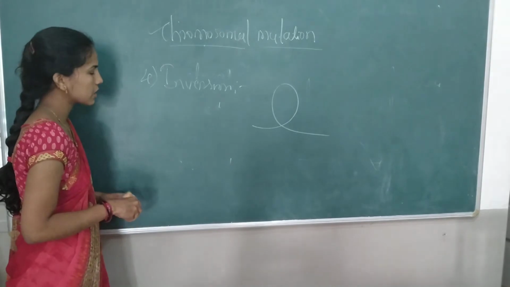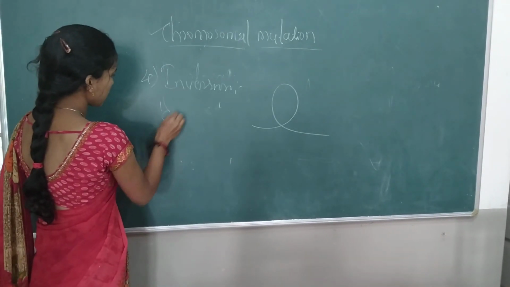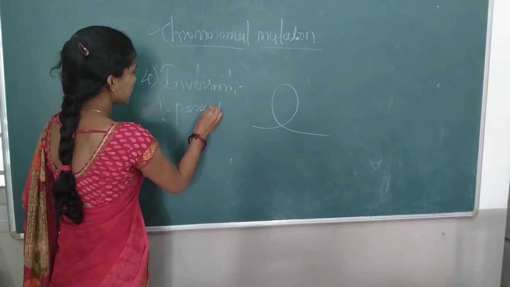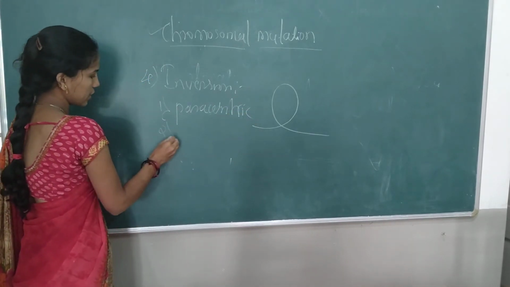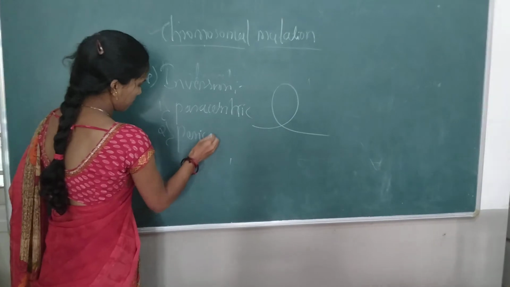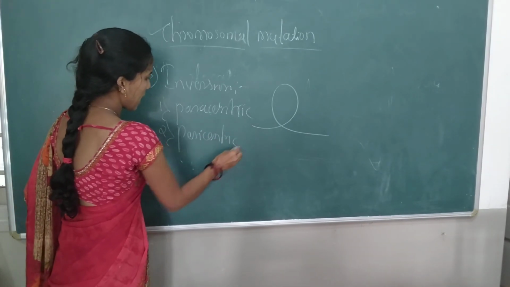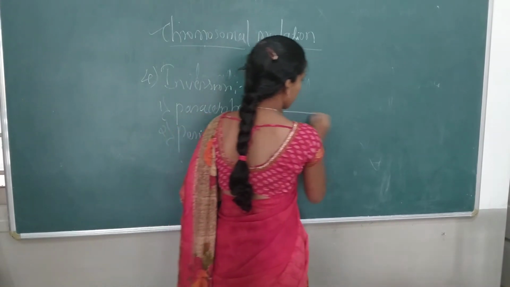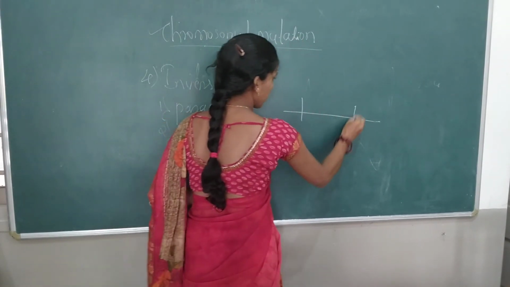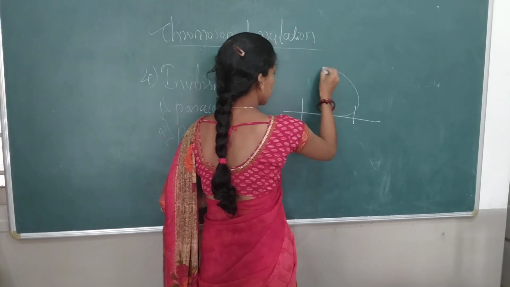In case of the inversion, the first type is the paracentric inversion. The second type is the pericentric inversion. Paracentric means two breaks will occur in a chromosome. Here one break, here one break. It will rotate like this.